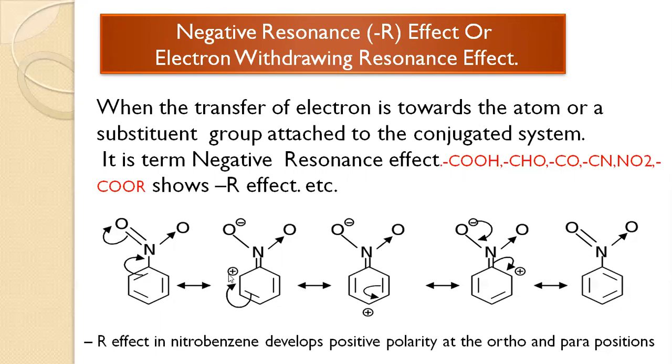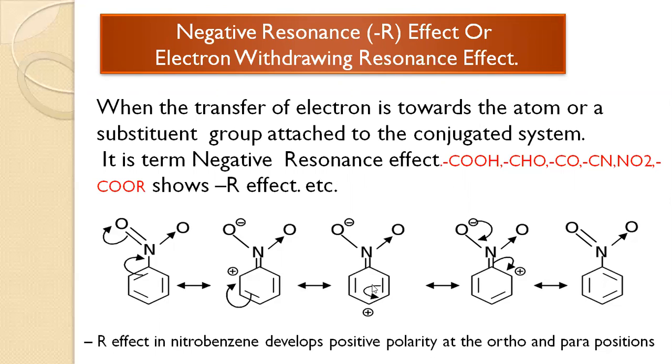Due to that, at the ortho position on the benzene ring there is less electron density, which creates a positive charge on this carbon atom. Here again the delocalization of the pi bond takes place, and in the next structure it creates less electron density at the para position.